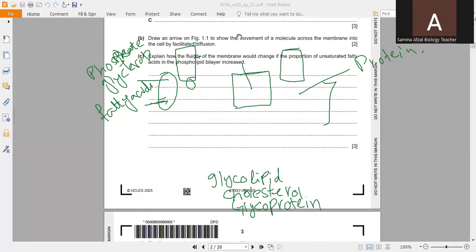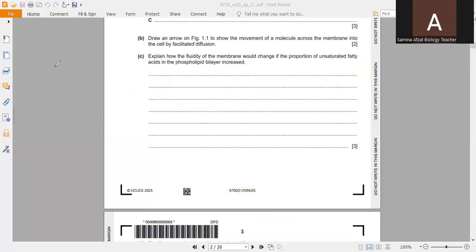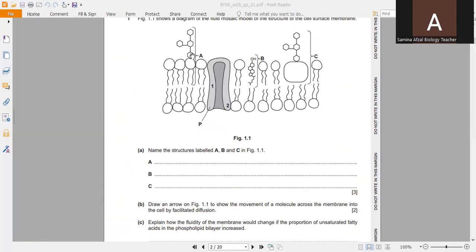Next part of this question is: draw an arrow on figure 1.1 to show the movement of a molecule across the membrane into the cell by facilitated diffusion. You know that the cell surface membrane acts as a boundary which will not allow all the molecules to pass through.